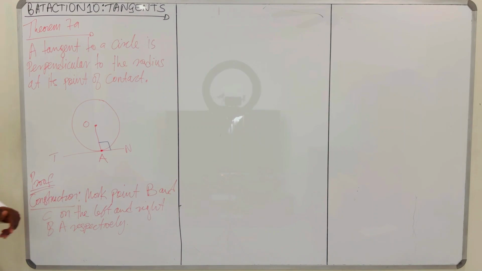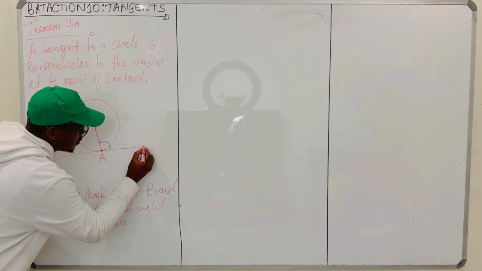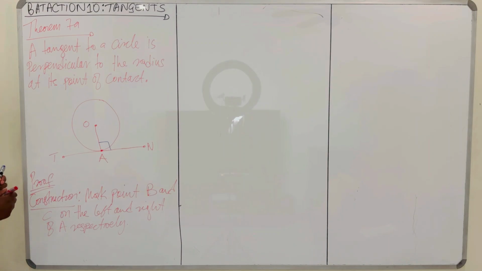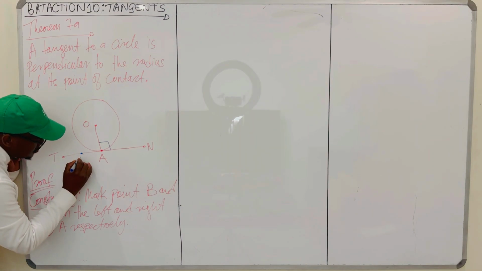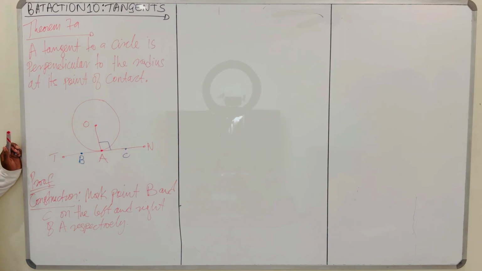So let's place the points B and C on this line TN, so that one is on the left and the other one is on the right. Are you happy with that? Let me extend this line. Maybe we have N here and T there. So we're going to have B maybe somewhere here on the left, and C maybe somewhere there. Are you with me?